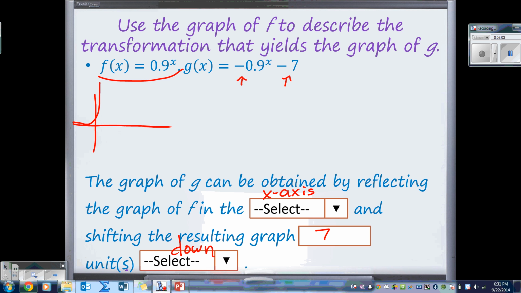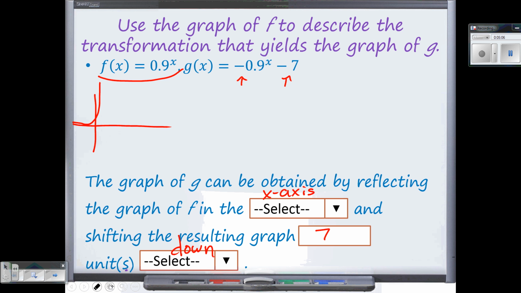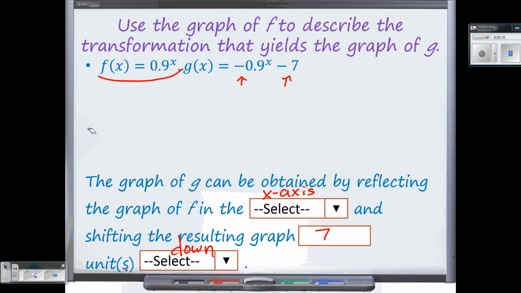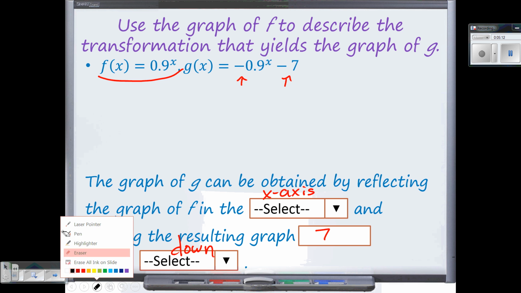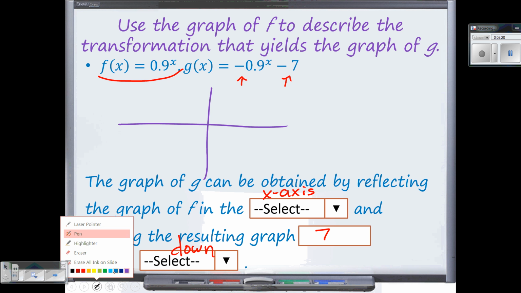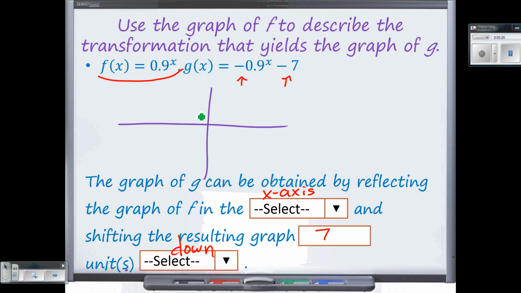Okay, I apologize. So let's redo these graphs. Okay, so I've got an eraser. So that one's not right either. So what I'm going to do is show you what these graphs should look like. Okay, green, I'm going to do the 0.9x. And what it is that 0.9 makes it super flat.